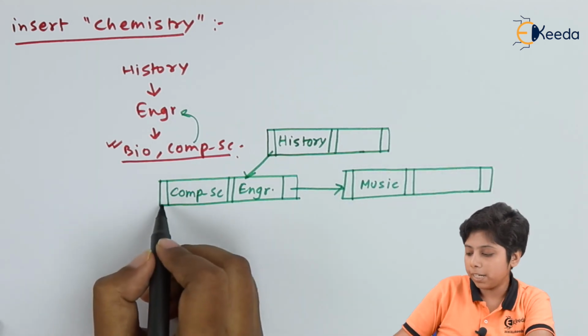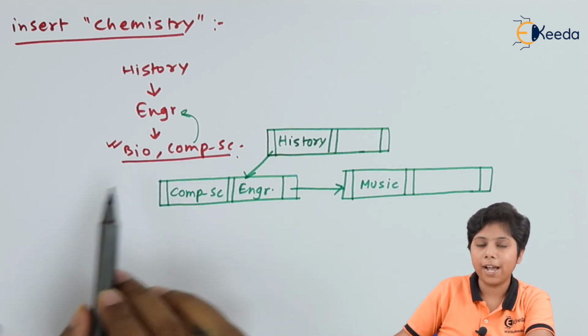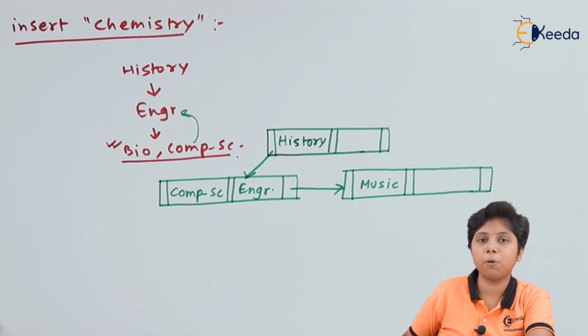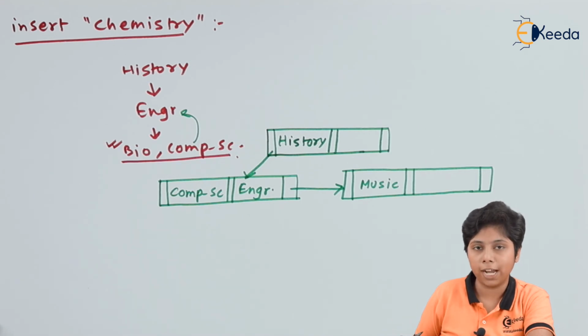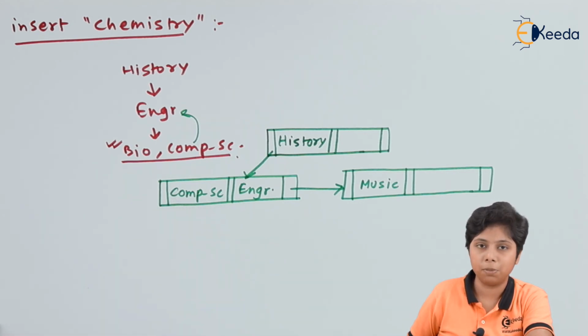Now on this computer science on the left hand, we had this biology and computer science. Now as chemistry is inserted, we are producing an exclusive mode lock on that one and making biology, chemistry there, and computer science will be at the right side of this computer science.